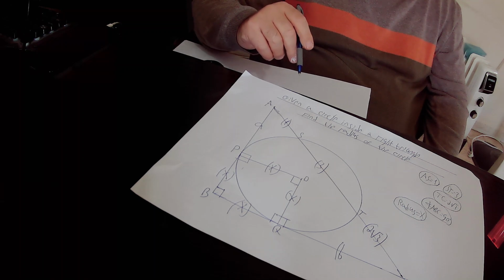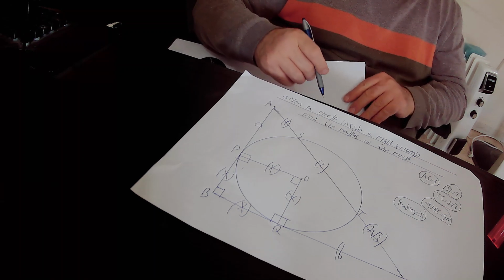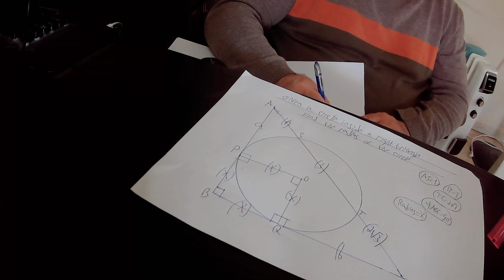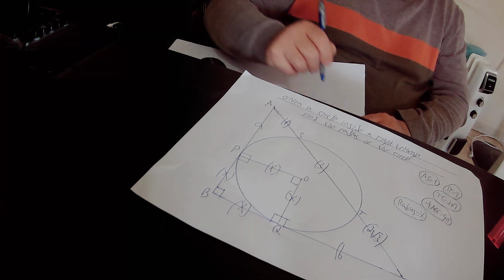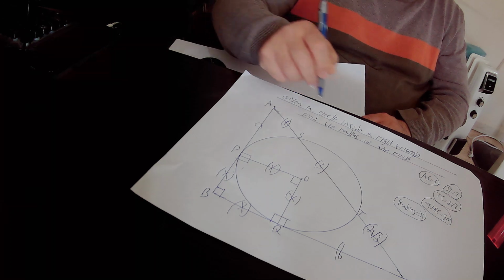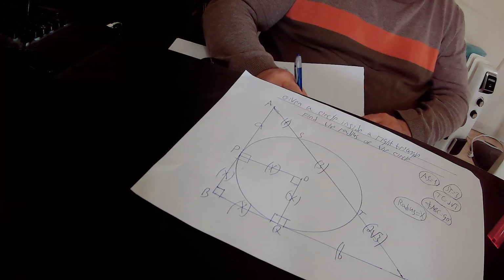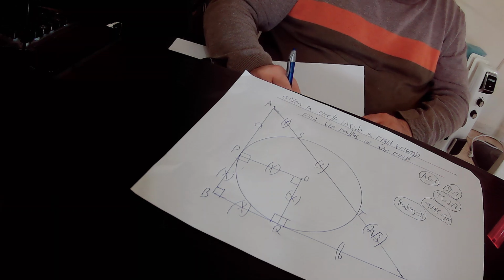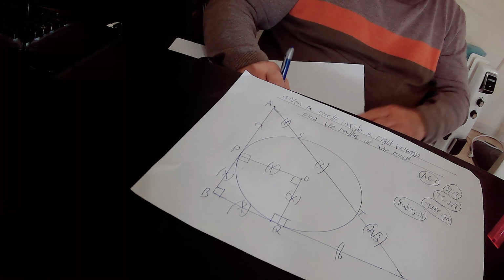A. According to rule 10, we get that AP squared equals AS times AT. Repeat again.